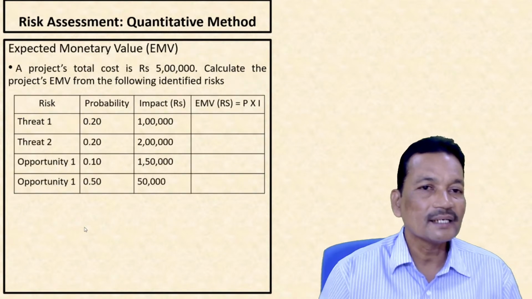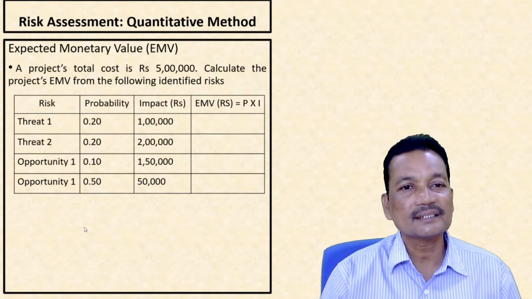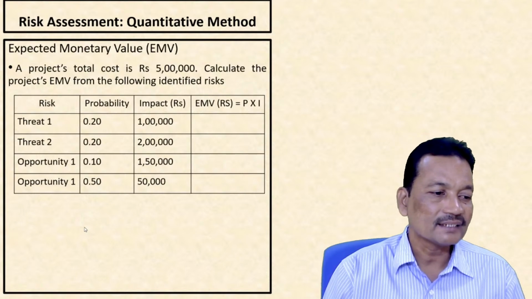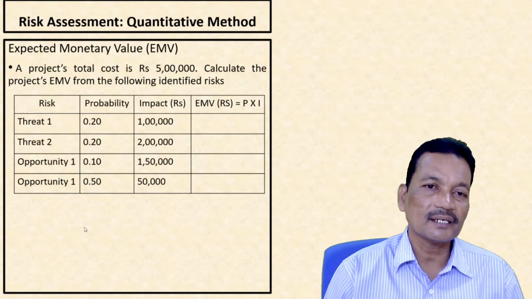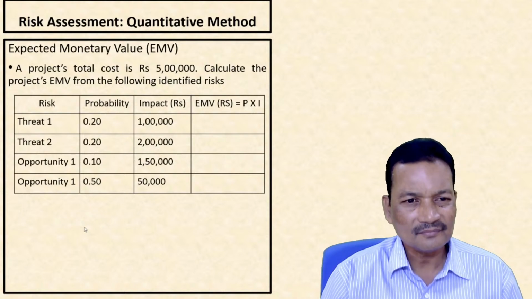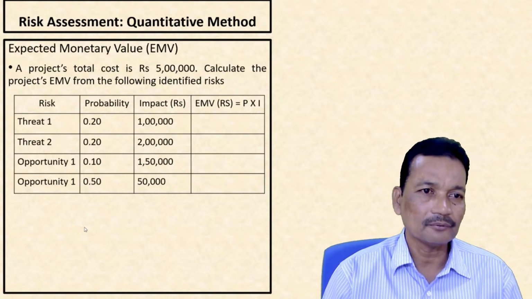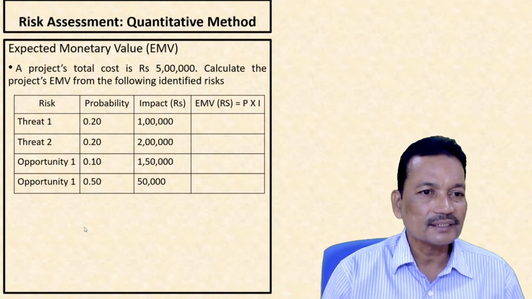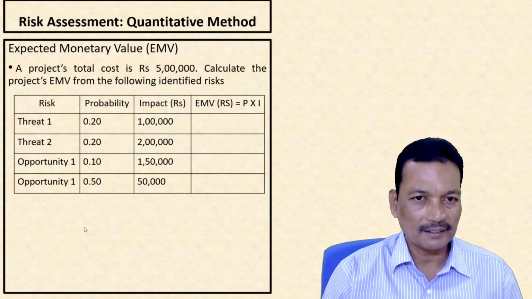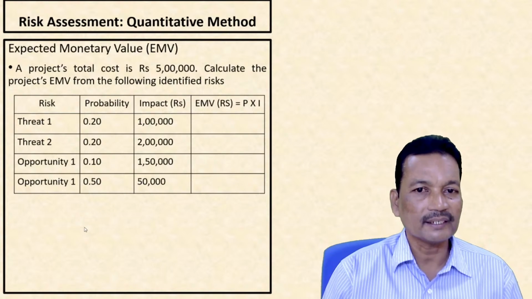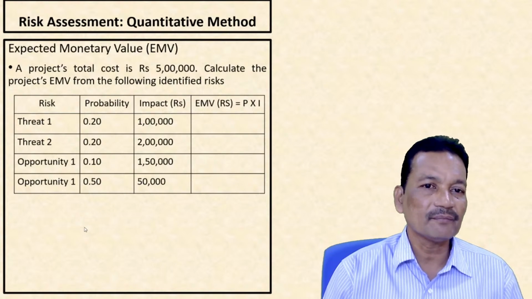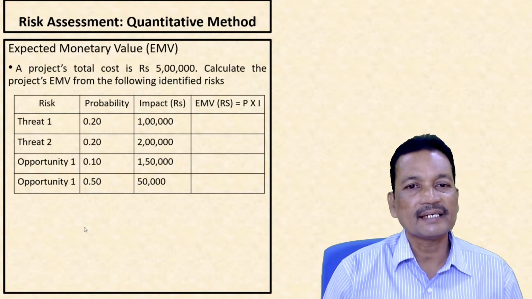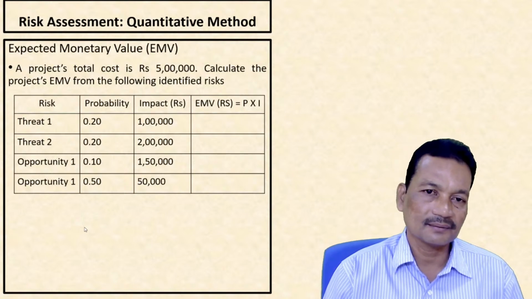The most widely used quantitative method is expected monetary value, EMV. A project's total cost is 5 lakh. Calculate the project's EMV from the following identified risks.